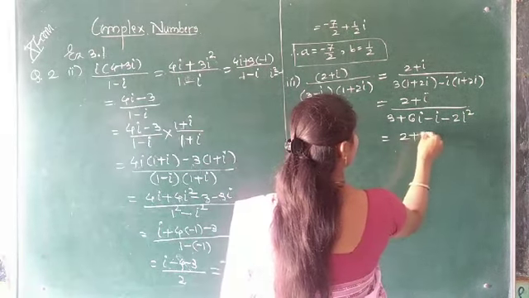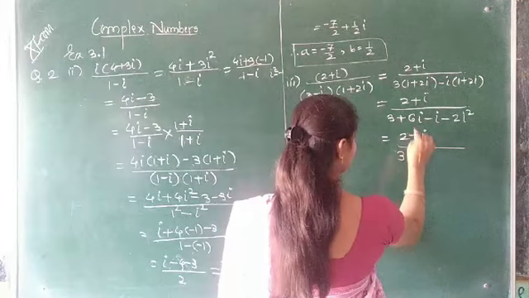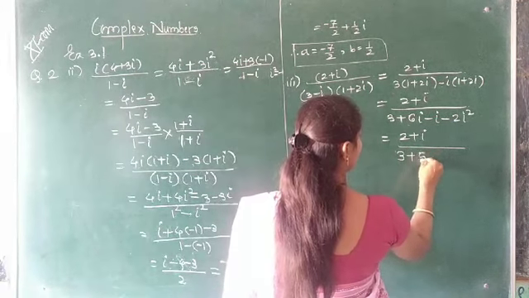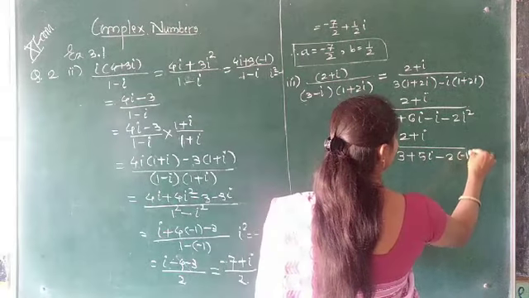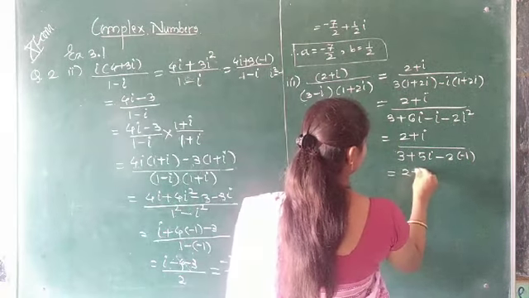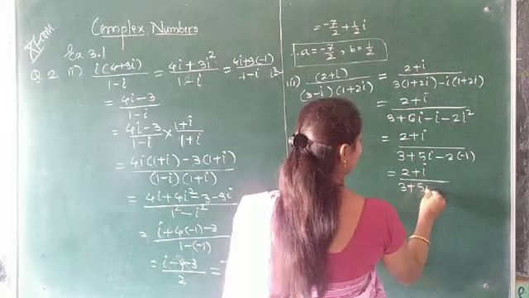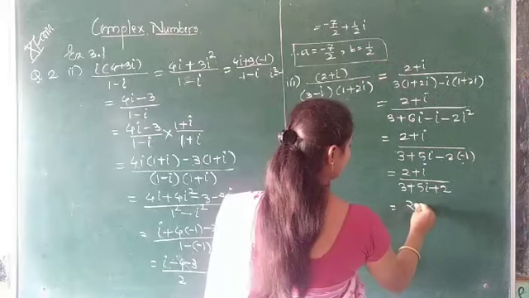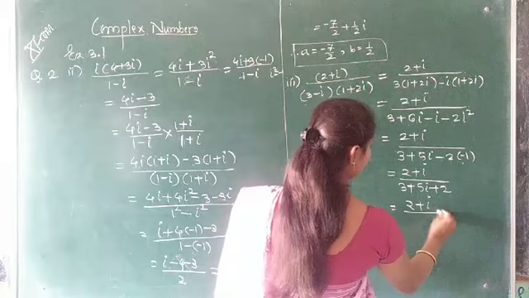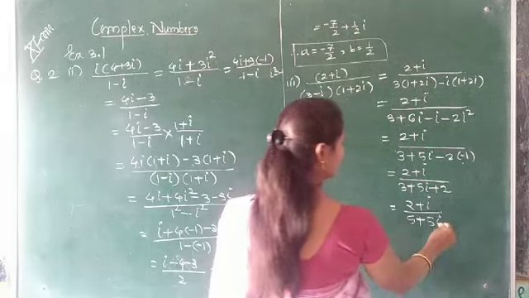This 3 as it is, 6i minus i is 5i, minus 2 into i square, and the value of i square is minus 1. That is 2 plus i upon 3 plus 5i plus 2. Therefore it is 2 plus i divided by 3 plus 2, 5, that is 5 plus 5i.